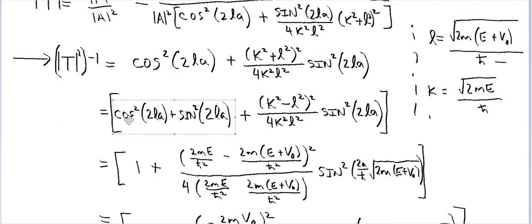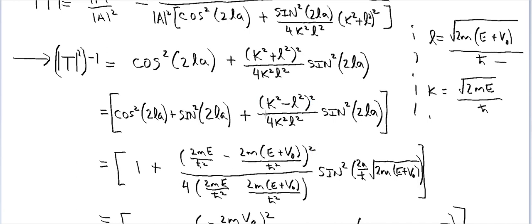And so we could just replace this with 1 plus, and now I'm going to go back to our definitions of what we mean by k and L. So this k² term is just 2mE over ħ². This L² term is just 2m(E + V₀) over ħ², right? So we have this thing in parentheses up here just becomes this, and it's still squared.